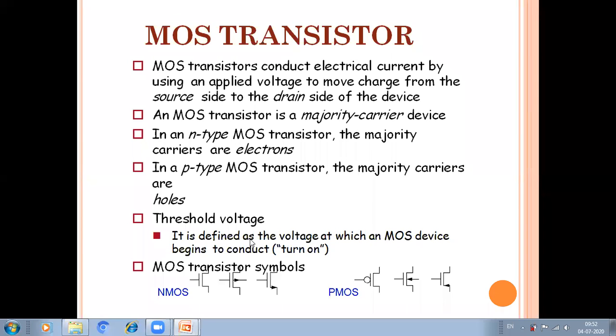It means at the threshold voltage, the current will start to flow through this device. So that point, that voltage, is called the threshold voltage.